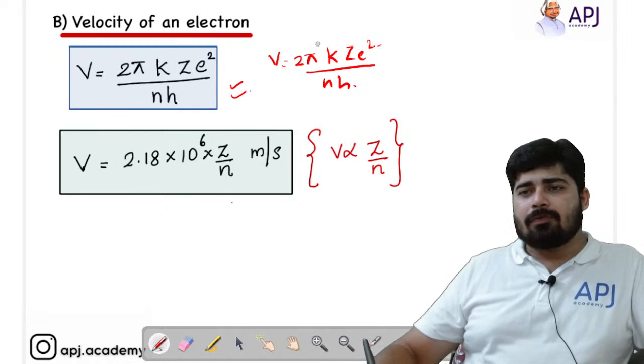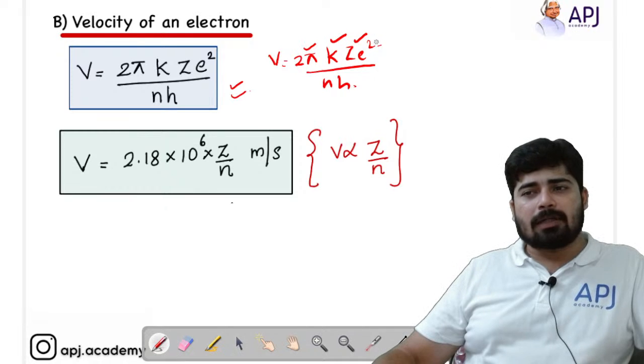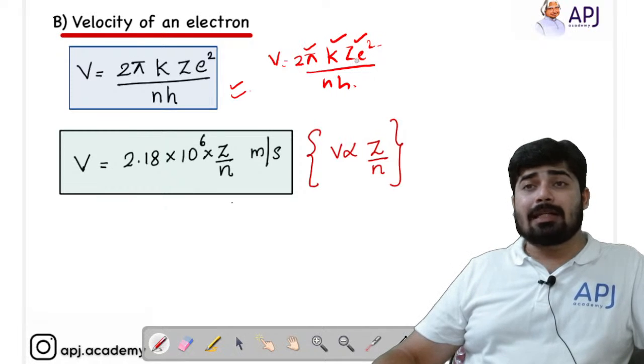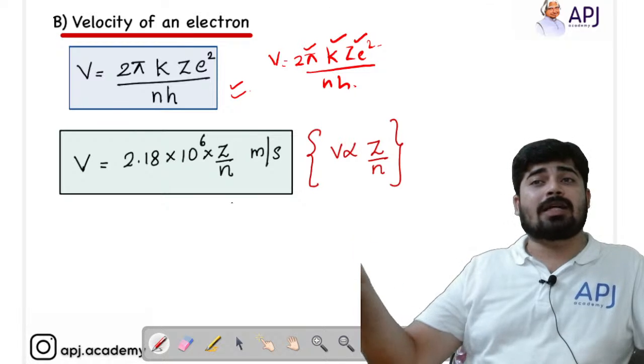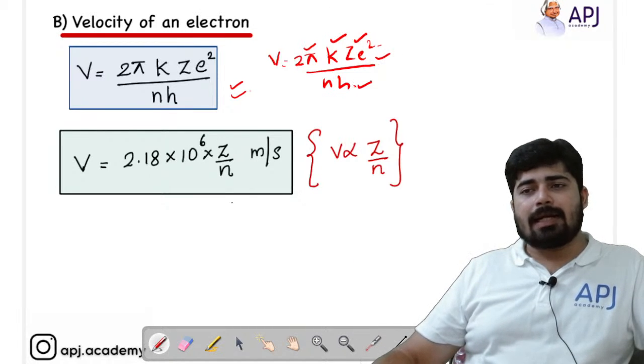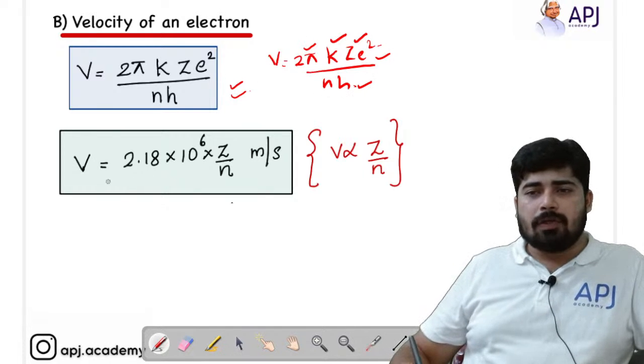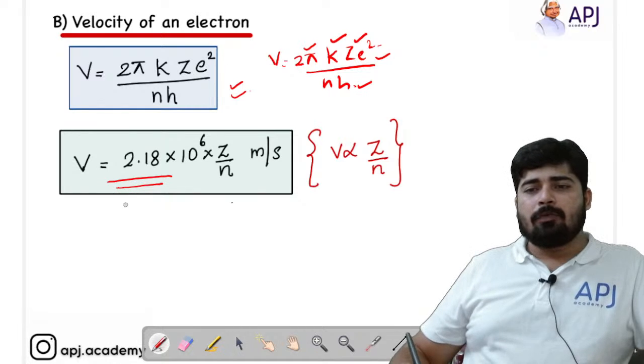Pi is a constant, k is the electrostatic constant, and e is constant, 1.6 into 10 raised to minus 19. We keep z because it varies for each atom. H is Planck's constant. After applying all the values, we get V equal to 2.18 into 10 raised to 6 Z by n meter per second.